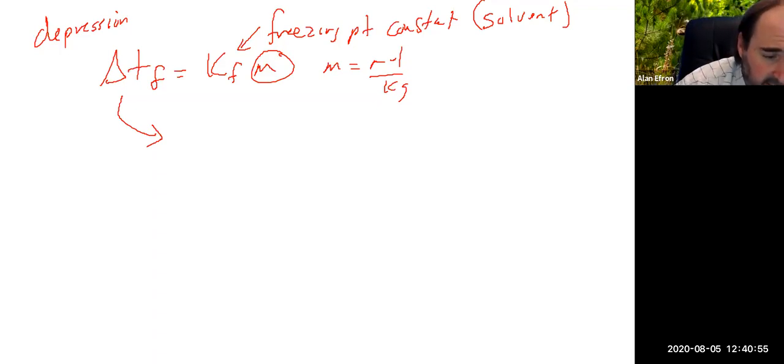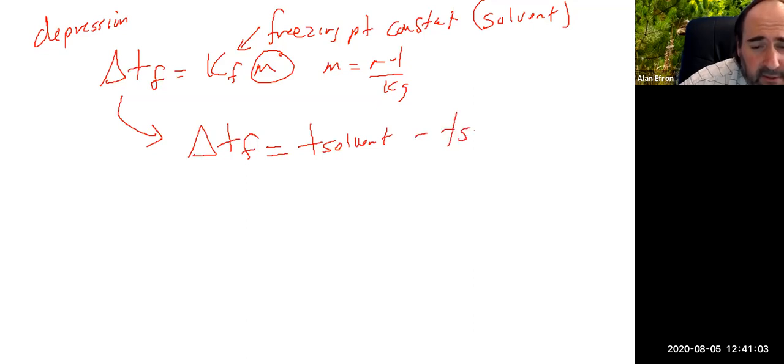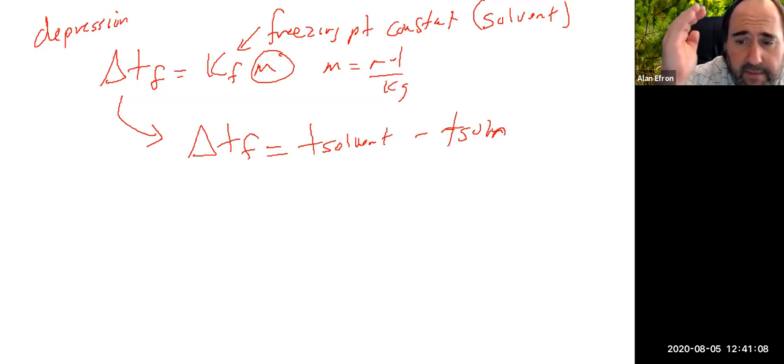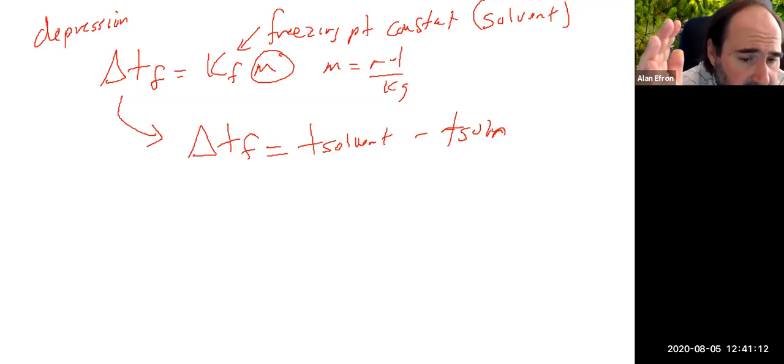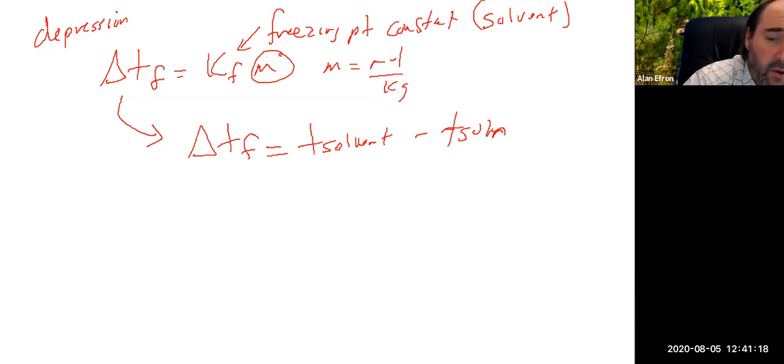In that case, what we are looking at is the temperature of the solvent minus the temperature of the solution. And this is important because instead of an answer of 3 degrees Celsius, it should actually be minus 3 degrees Celsius, where the solution actually will freeze. So again, important distinctions.